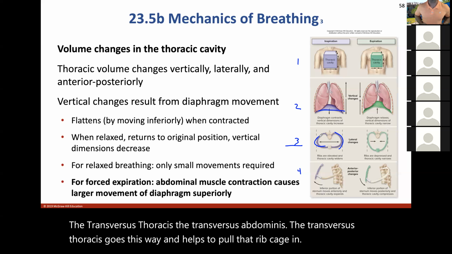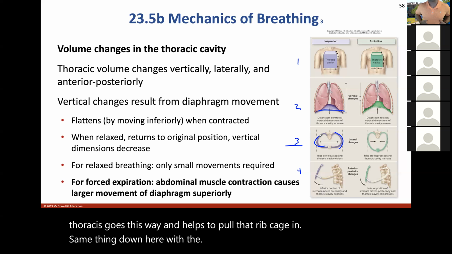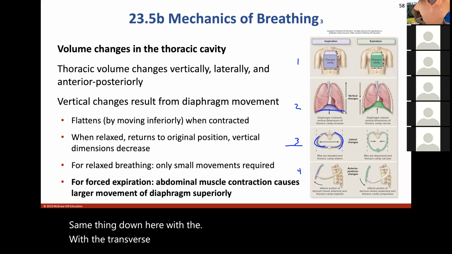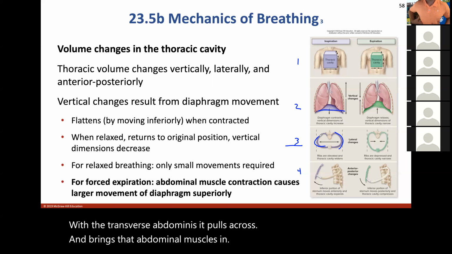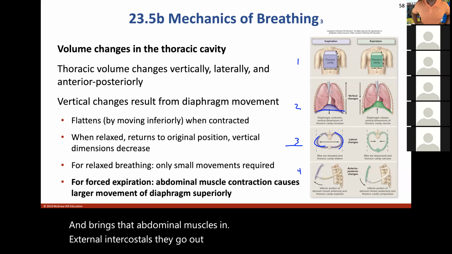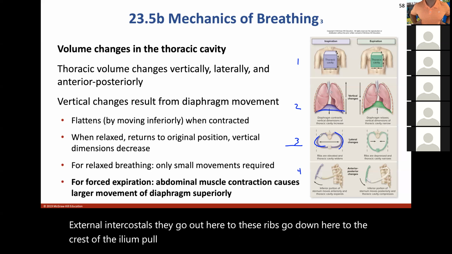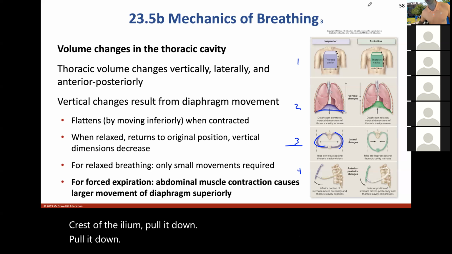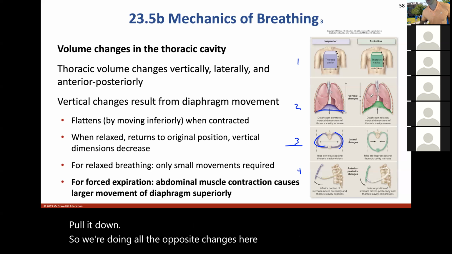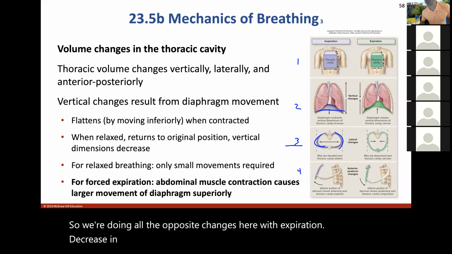Same thing down here with the transversus abdominis. It pulls across and brings the abdominal muscles in. External intercostals, they go out here to these ribs, go down here to the crest of the ilia, pull it down, pull it down. So we're doing all the opposite changes here with expiration. Decreasing the space, decreasing the space, decreasing the space.